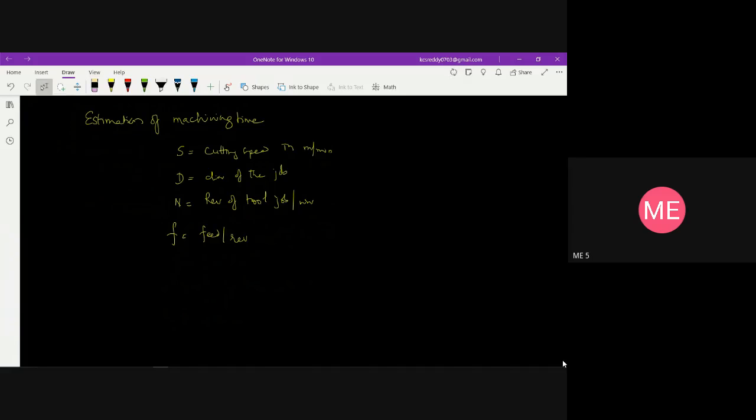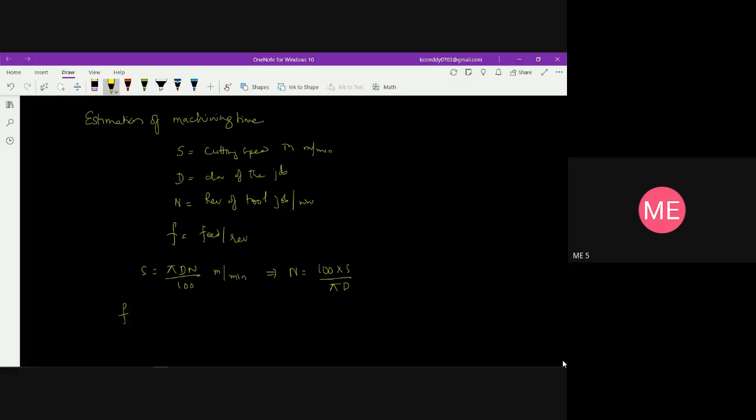We know that cutting speed S is equal to pi D N by 1000, in terms of meters per minute. I'm talking about meters per minute, not mm per minute. From this I can write N is equal to 1000 into S divided by pi D, which you get in the form of revolutions per minute.